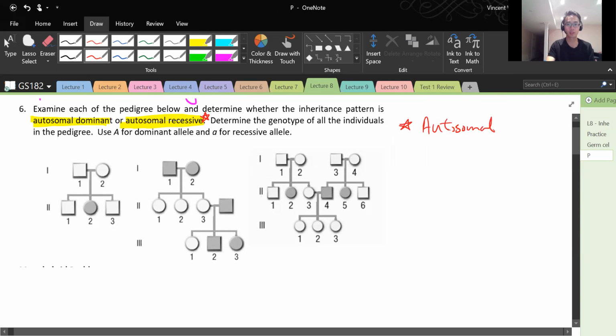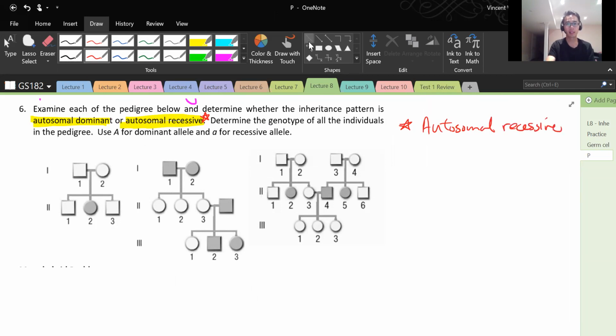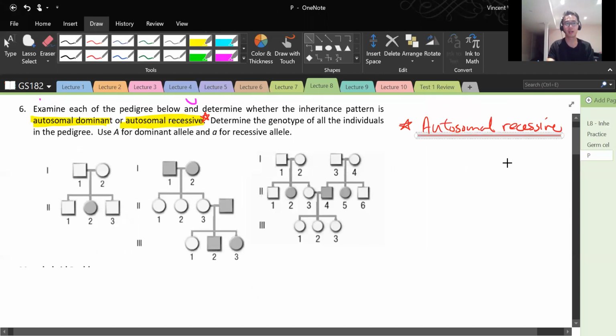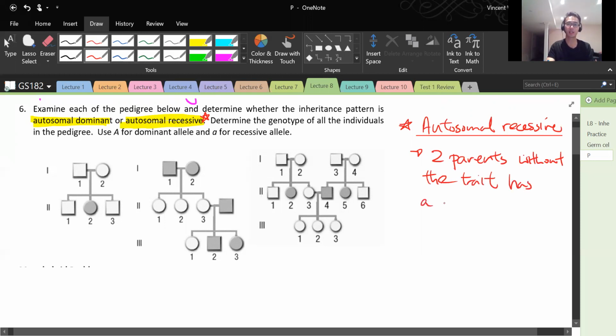Autosomal recessive. A definitive sign that tells you something is autosomal recessive is that 2 parents without the trait, whatever trait you're talking about, have a child with the trait.